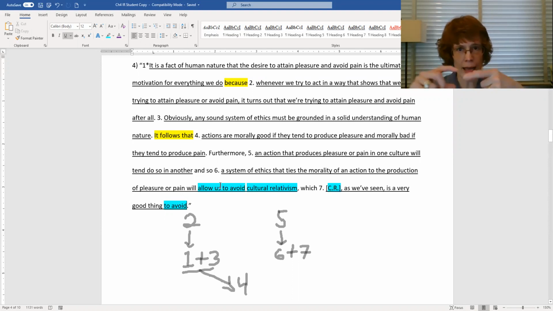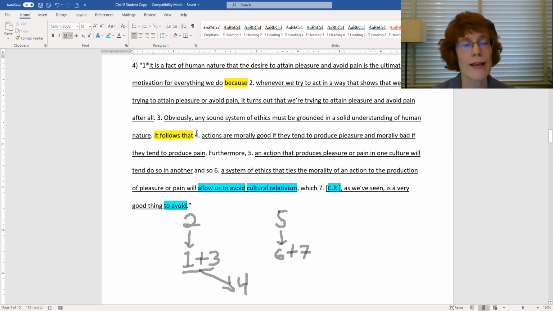So if we think about that as the place where the two puzzle pieces join, the resulting idea will be composed of the ideas that are unique. So what do we have? A system of ethics that ties the morality of an action to the production of pleasure or pain is a very good thing. What's that like? An action is morally good if it tends to produce pleasure, and morally bad if it tends to produce pain.